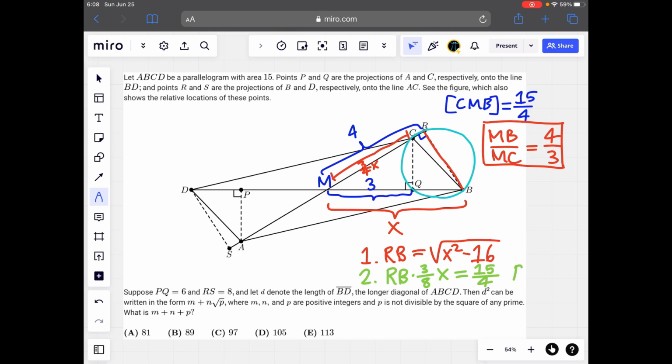So RB times x is 15/4 times 8/3, or 10. So RB is just 10/x.